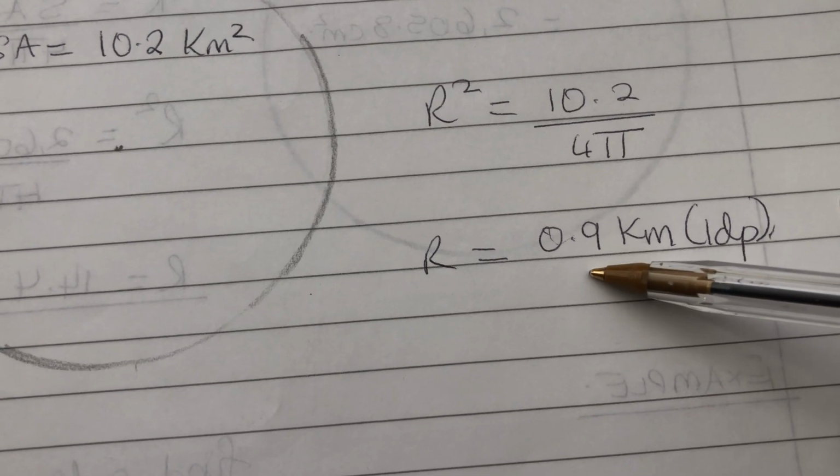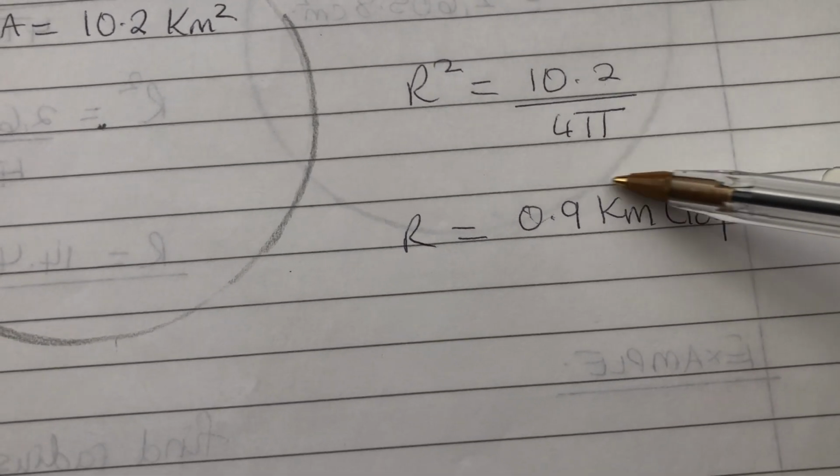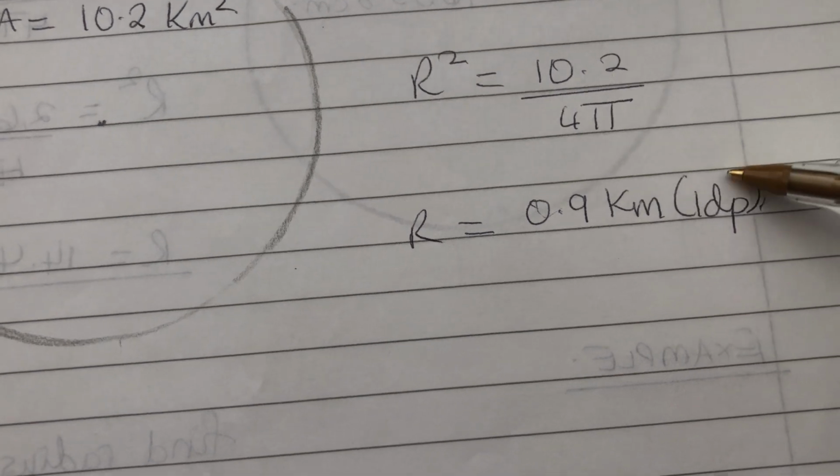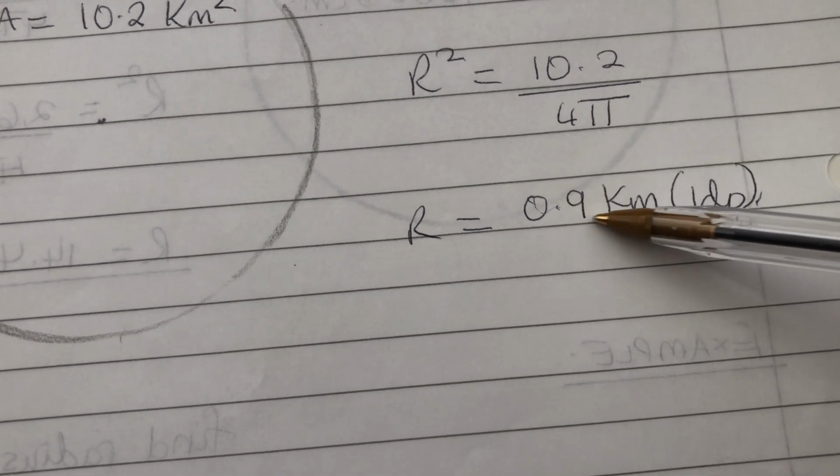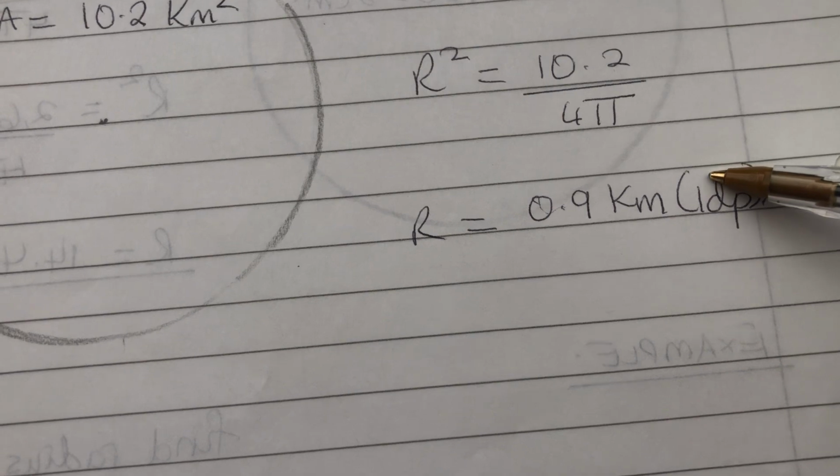You choose the positive, in kilometers, 0.9 kilometers to 1 decimal place.